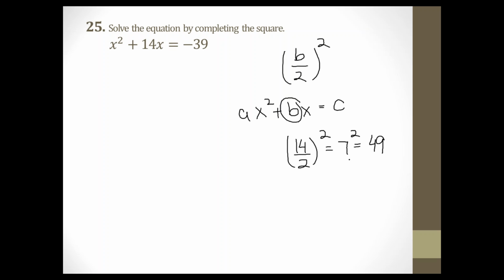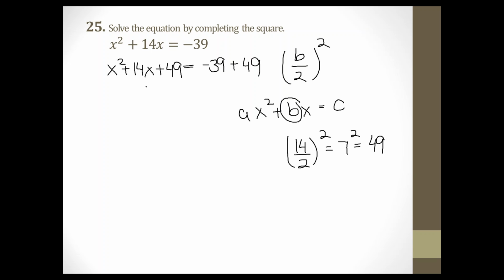So now this number, to create my perfect square trinomial, I have to add that to both sides. Rewriting the left, so adding 49 to the left side, and also adding 49 to the right side.